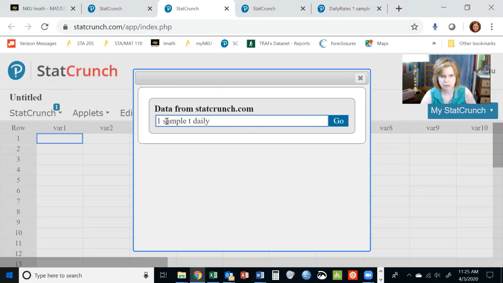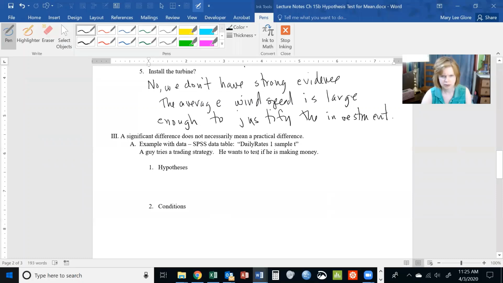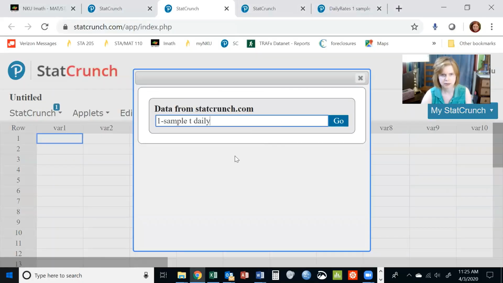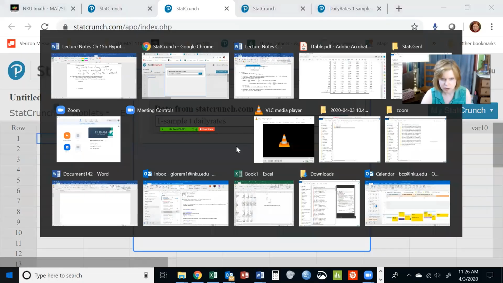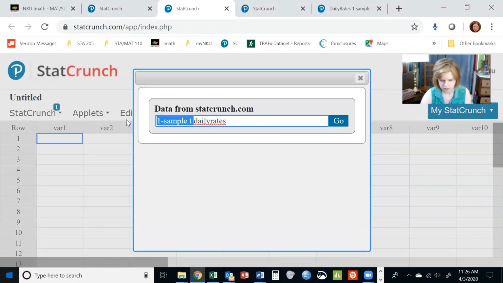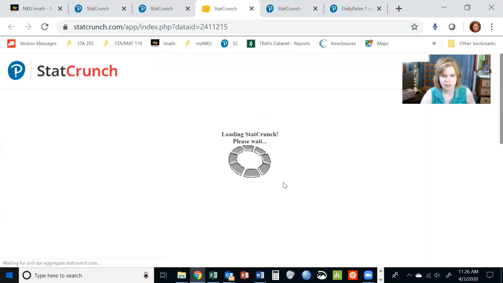Maybe not. All right, I wrote it down. Okay, let's see. Daily rates is fine. All right, just copy this. Daily rates, one sample T. There we go. Okay.